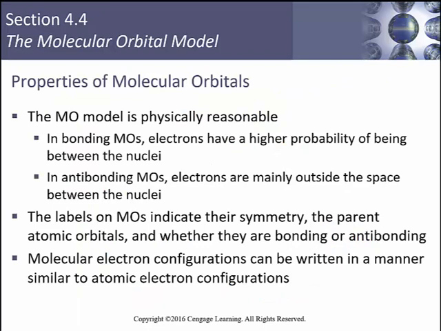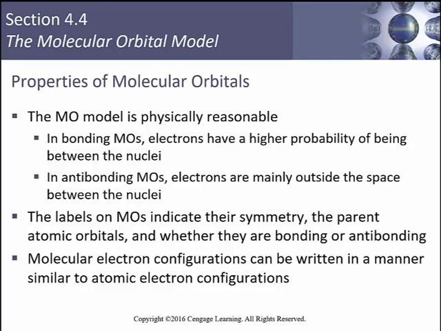In bonding molecular orbitals, electrons have a higher probability of being between the two nuclei. And we do an experiment, and that's where we see them. In antibonding molecular orbitals, electrons are mainly outside the space between the nuclei. The labels on the MOs indicate their symmetry, the parent atomic orbitals, and whether they are bonding or antibonding. So our symbology is going to tell us where these molecular orbitals came from.